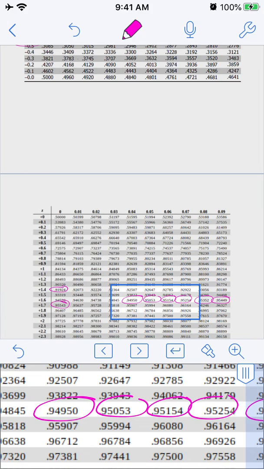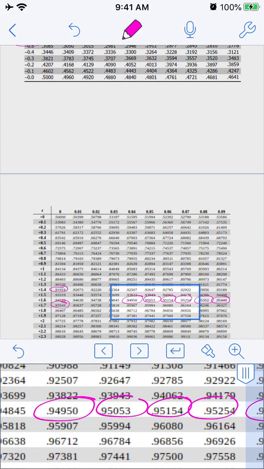The first one is 0.00053 off. The second one, whoops, I want to make sure I get these numbers exactly right. The second one is 0.0005 off. So at the end of the day, is it going to be that big of a difference?